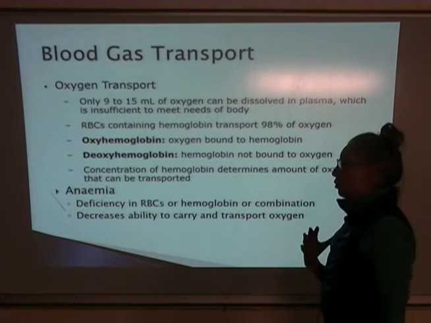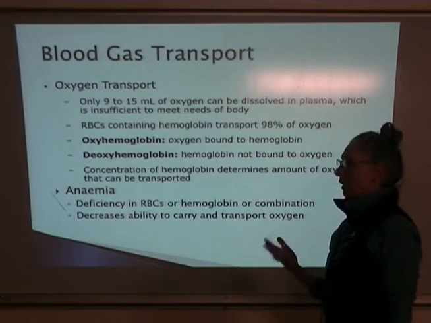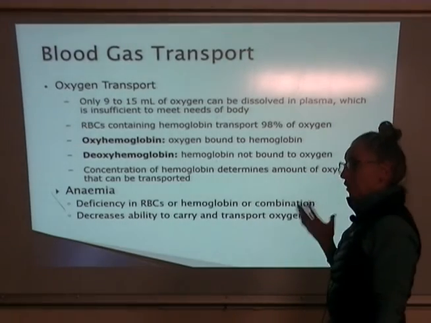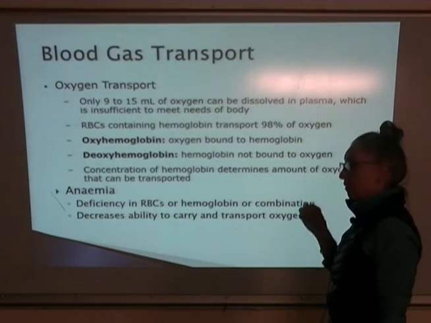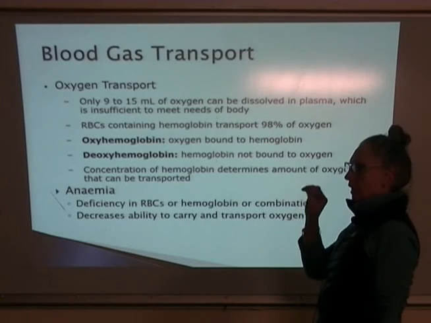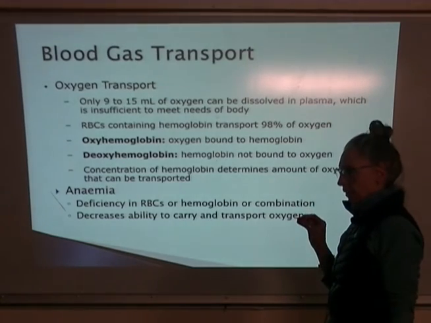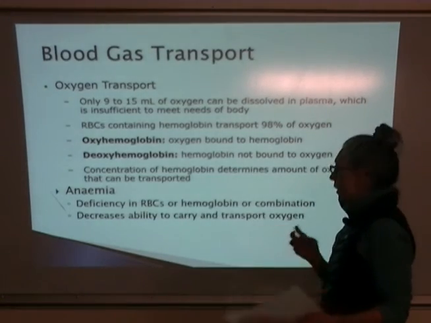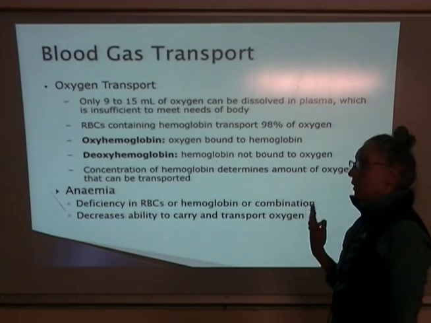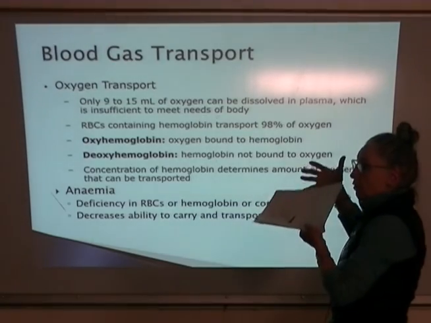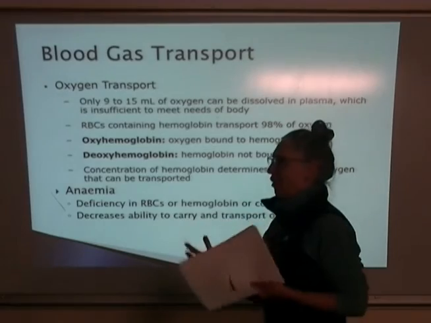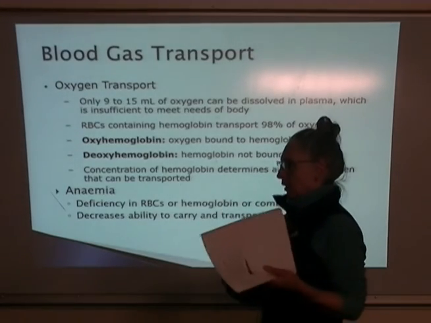It can be due to a hemorrhage, so a really bad accident, or for females, if they have very, very heavy menstrual cycles, around that time they can be a little bit anemic. The other time it can occur is during pregnancy, because the body will direct any nutrients, including iron, to the baby that the baby needs.